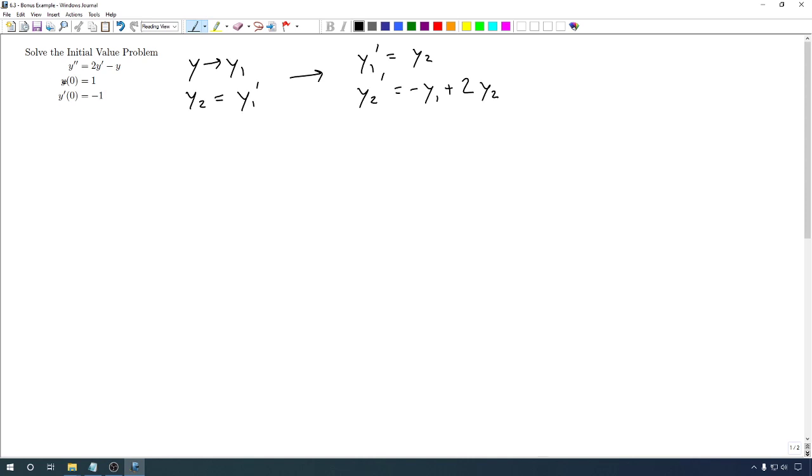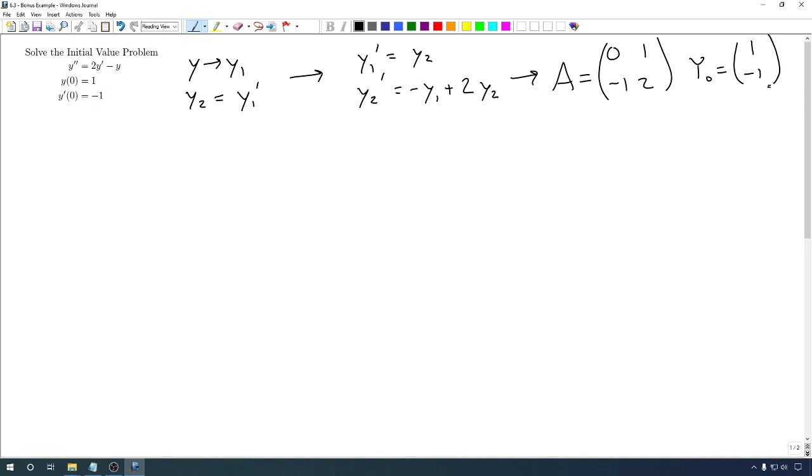And then this means that y1 of 0 is 1, y2 of 0 is negative 1. So we get our A here is 0, 1, negative 1, 2. Our y0 is 1, negative 1.